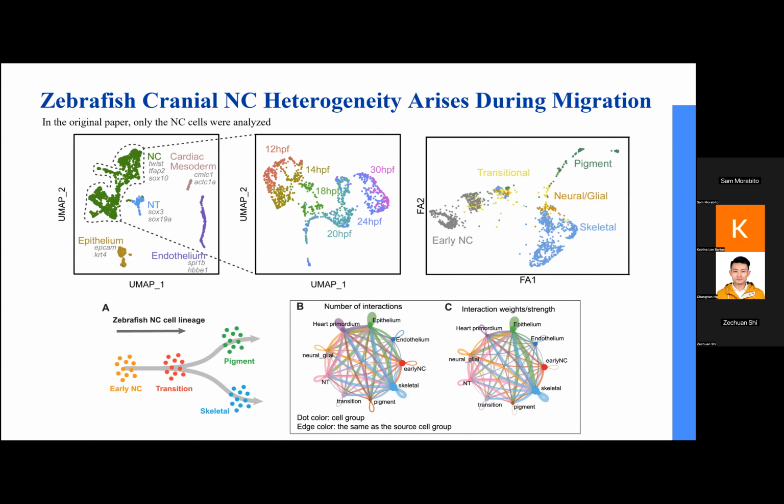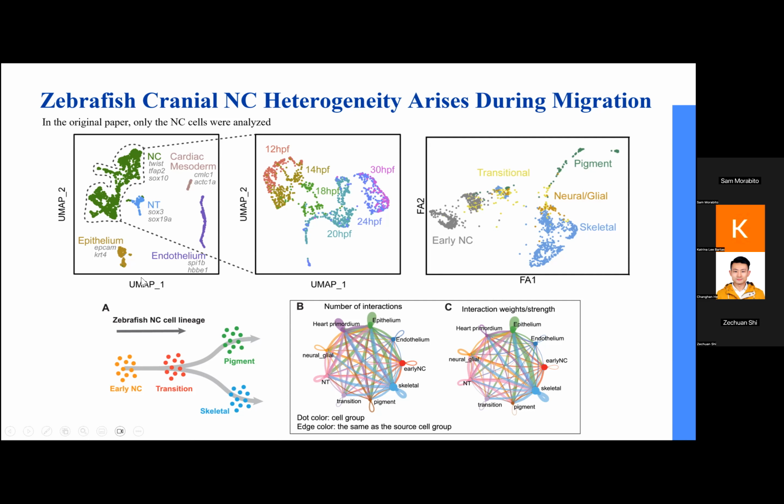First we did the cell-cell communication analysis for all these cell groups, including the neural crest cells and non-neural crest cells. We saw that there is very strong communication between these cells. So it's possible that the neural crest cells can receive some signals from these non-neural crest cells. If that's true, then in the later analysis we should include these non-neural crest cells.